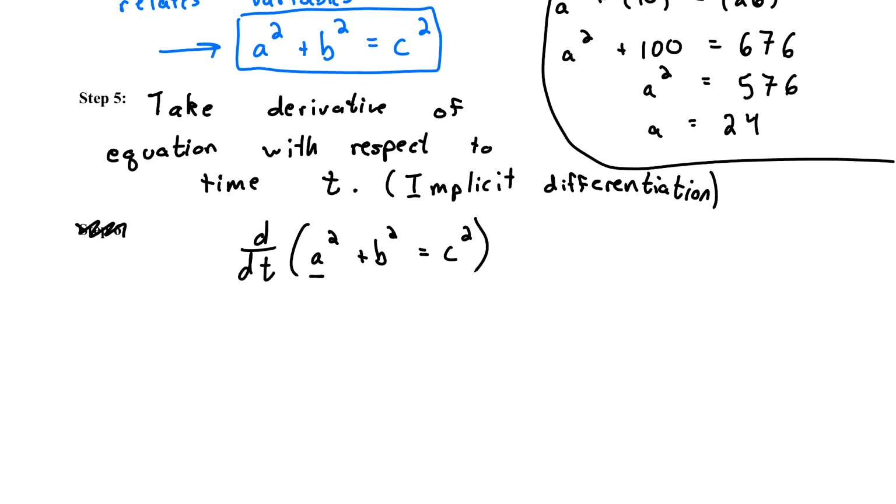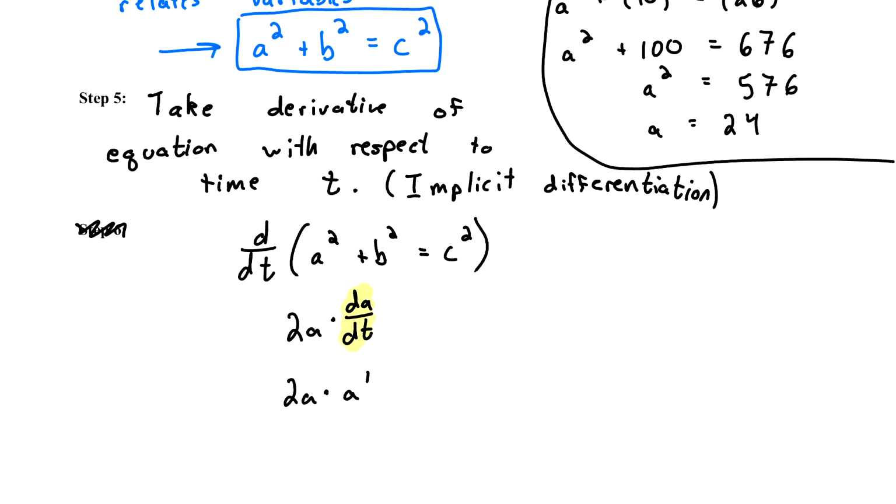So I'm going to have to use implicit differentiation here. Now the derivative of a squared, that would be 2a, but a is a function of time. I'm going to have to use implicit differentiation, so I need to multiply by the derivative of a with respect to t. So you can either write that as dA over dt, or you can write that as 2a times a prime, just depending on your preferred derivative notation.